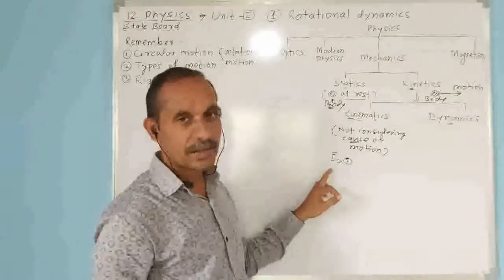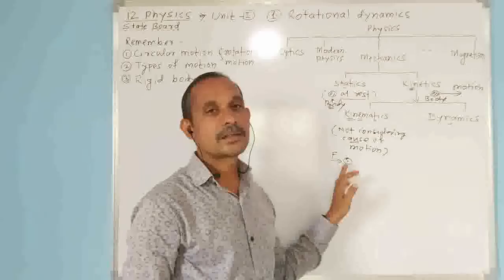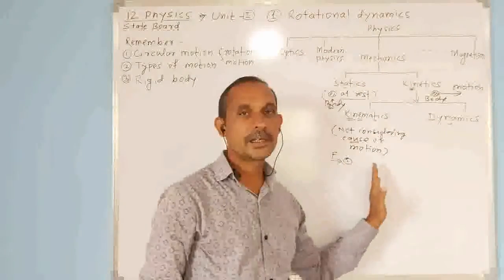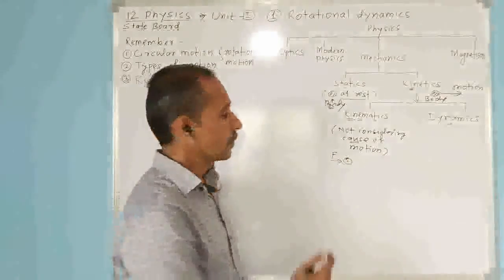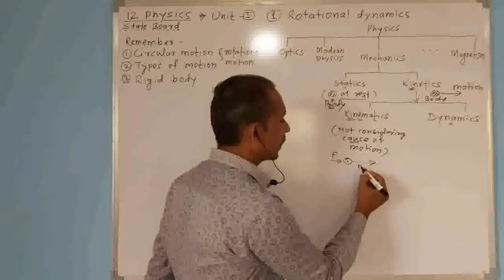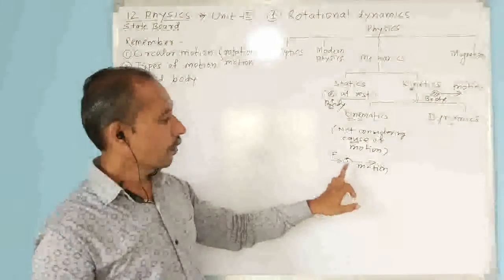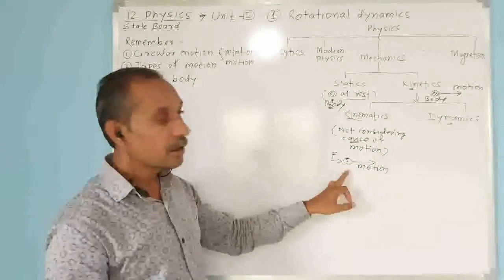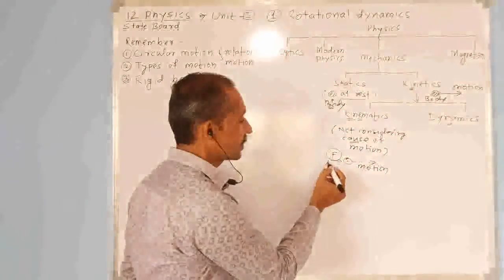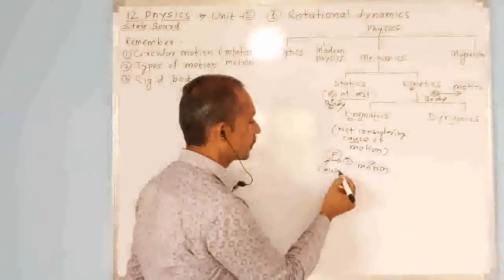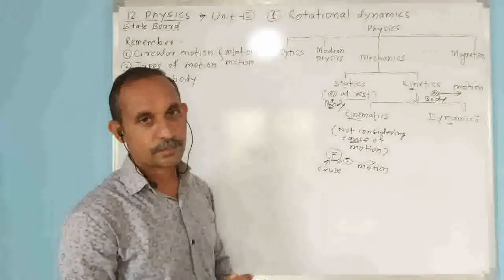When we use some external force on a body, the body gets into motion, meaning it performs motion. So for the motion of this body, the cause is the force.